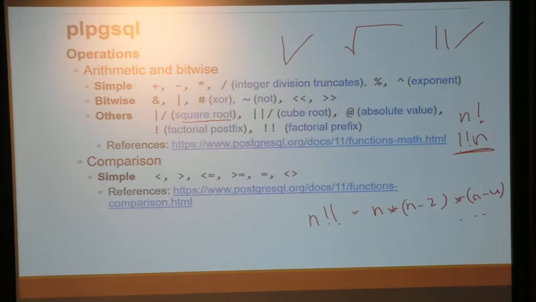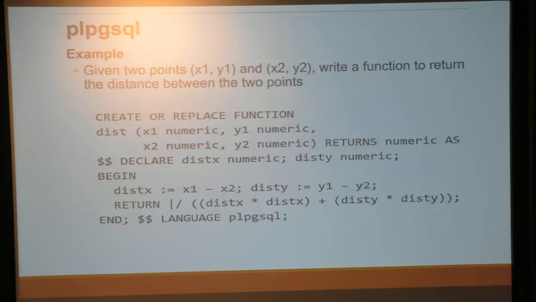So now we can actually start to create functions. For instance, this is how you can compute distance. Something very, very easy. I just want to show this particular one, how having this particular operation actually makes things a lot easier. If you are not sure about the order of precedence of operators, just put brackets all over.